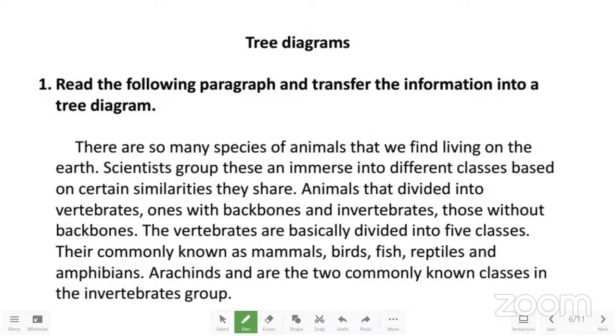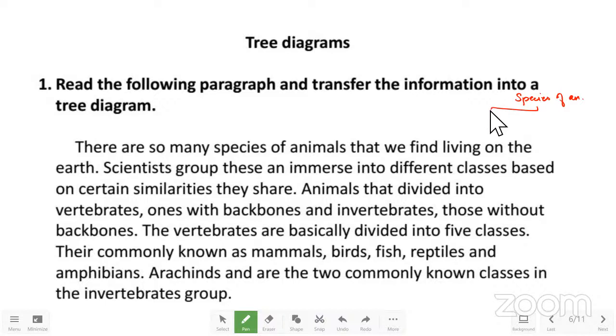So when you draw this, you have to draw a tree diagram. I'm going to just write, since there's not much space, species of animal. I'm going to use abbreviations, children. So this is the heading, species of animals, and they are divided into 2.